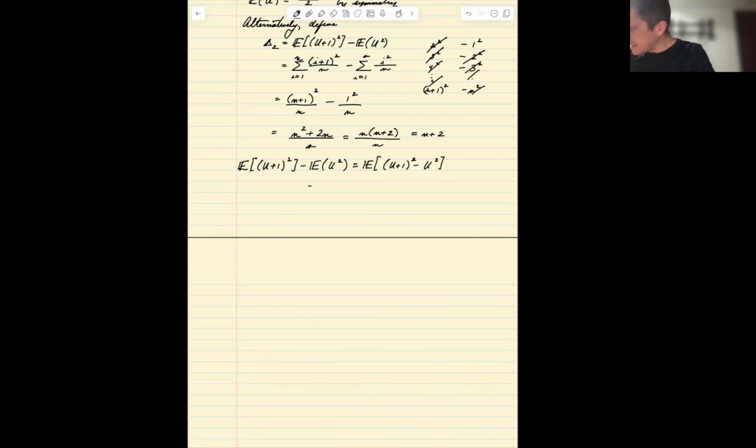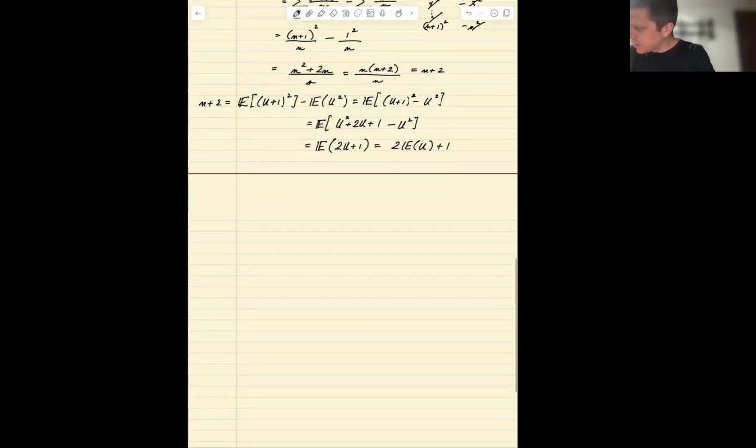Inside the expectation, (U+1) squared is U squared plus 2U plus 1 minus U squared. So this is equal to the expectation of 2U plus 1, which is twice the expectation of U plus 1. And we already calculated this quantity to be n plus 2.